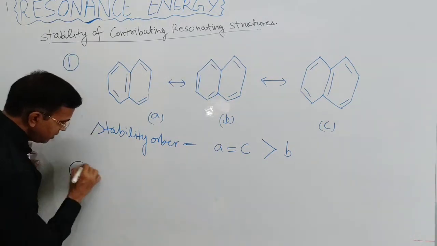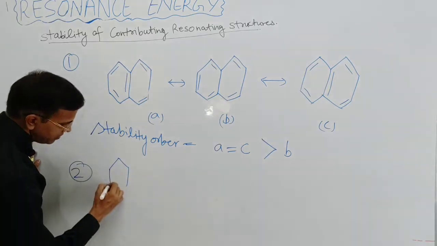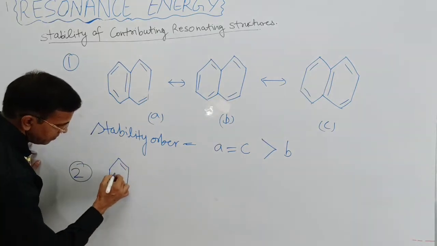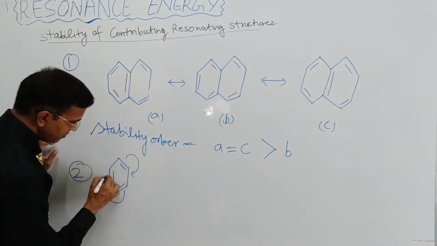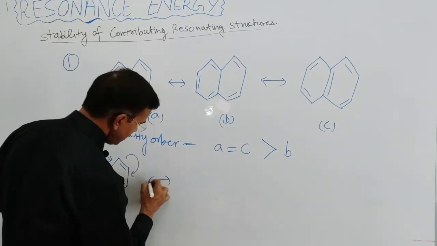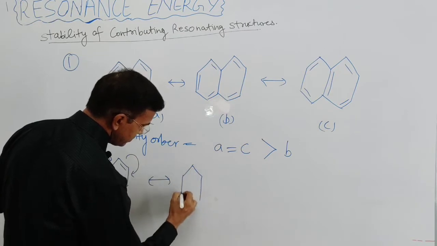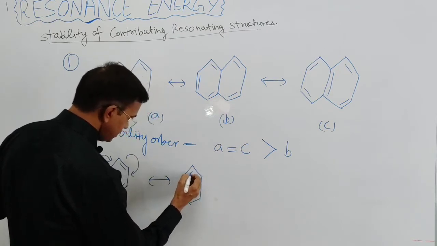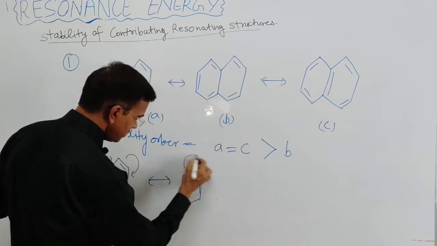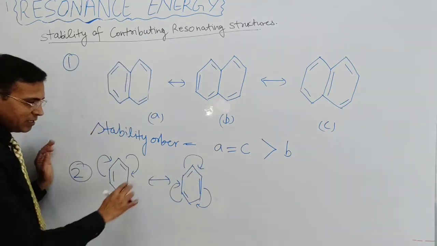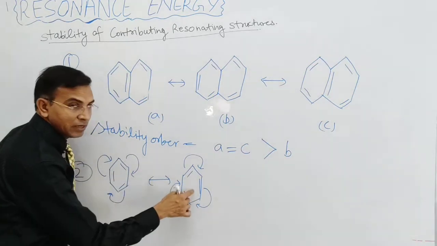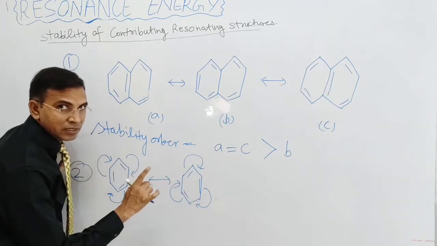Now move to the second question. The second question is benzene. Delocalization of pi electrons takes place, and it comes to this. Again the delocalization of pi electrons takes place. In both the rings 3 pi electrons are there and they are moving within the ring.